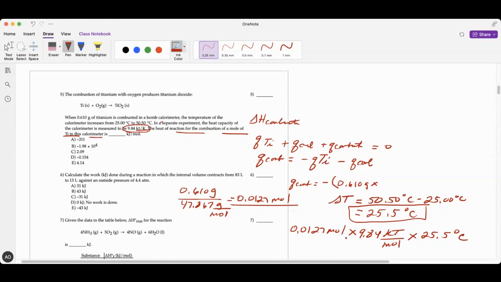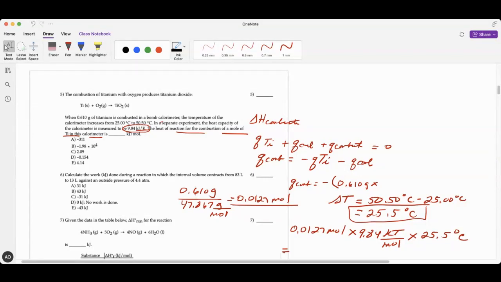And let's go ahead and calculate this, and that's just going to be for the 0.0127 moles. So 0.0127 times 9.84 times 25.5.